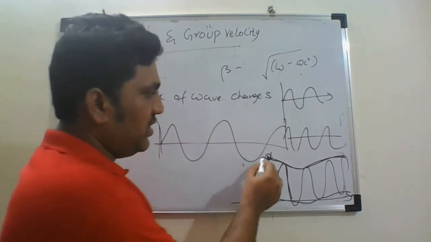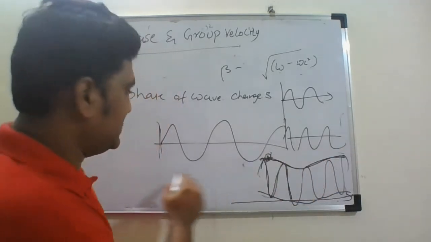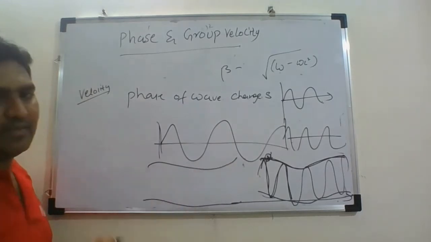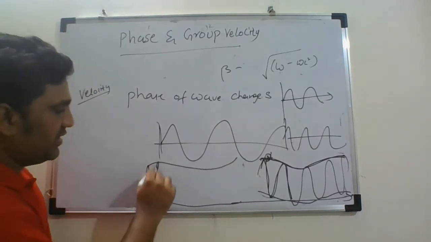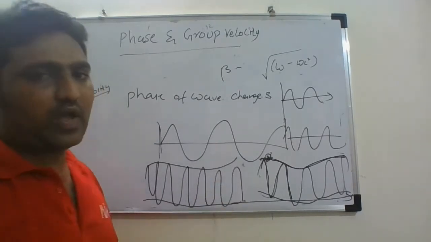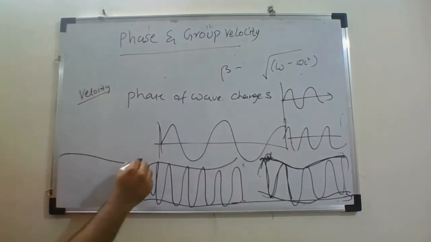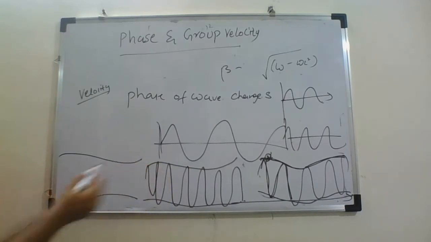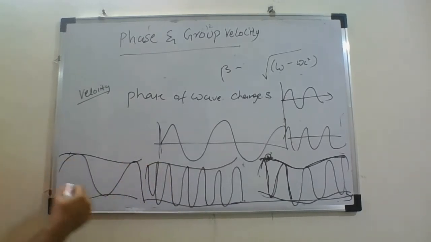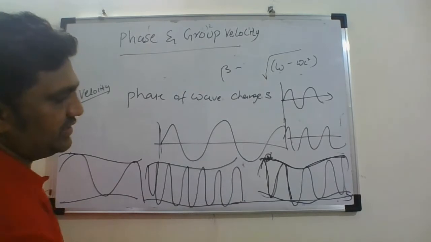For example, I can have a resultant wave like this, and let's say the resultant wave is the same, but the rate at which the wave is moving is like this. Then I can have a wave like this. Same wave, right? I can have the structure inside the waveguide like this. So I got three cases: 1, 2, 3.